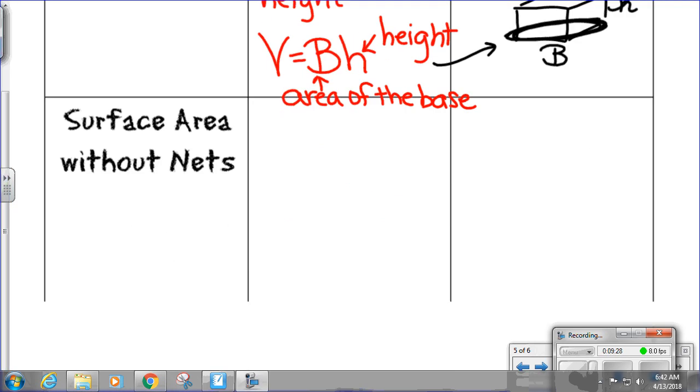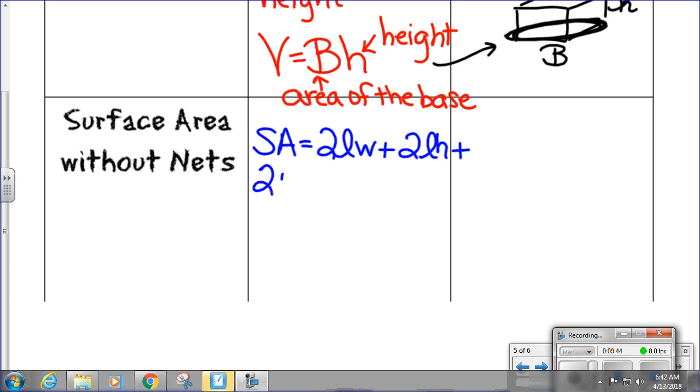Surface area. Capital S, capital A equals 2 length times width plus 2 length times height plus 2 width times height. Might sound complicated, but I'm going to give you a visual.